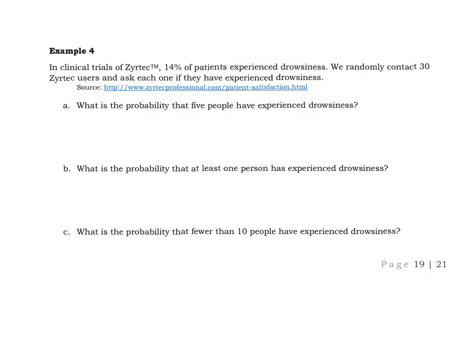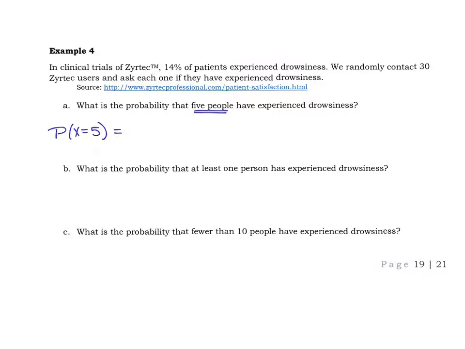So we are finding the probability that 5 people have experienced drowsiness. So we are looking for the probability that X is 5. Okay, anytime we have an X equal to, that's a binomial PDF. We are looking for one value from that overall probability distribution function.